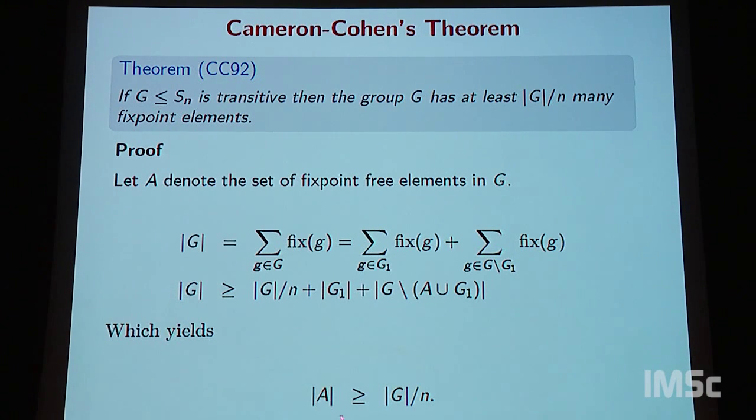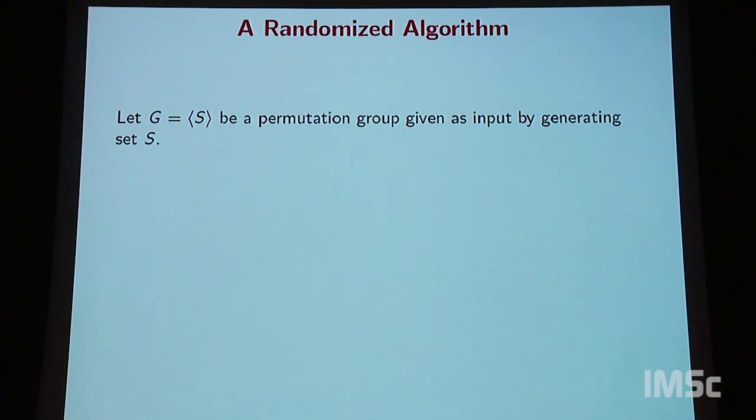So this simply tells you that the number of fixed point free elements is at least a 1 by n fraction of the elements in a transitive subgroup of Sn. So that immediately gives me a randomized algorithm.